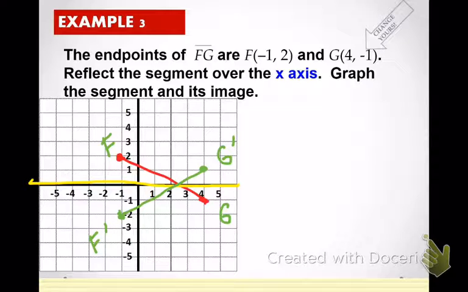The coordinates of the new points: F prime is still negative 1 for the first number, but negative 2 now. G prime is 4 over, and it was negative 1, so now it's positive 1. You switch the sign on the second number.